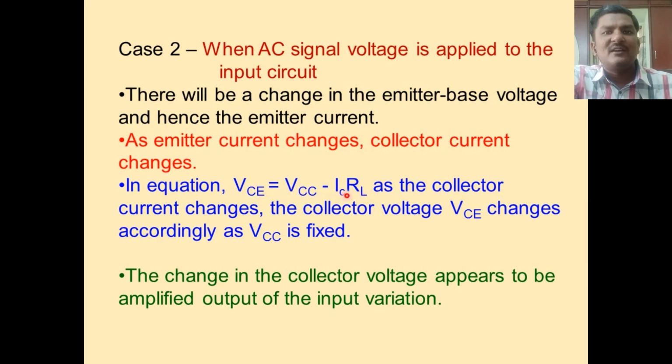So finally, we can conclude that as the collector current changes, the collector voltage also changes because VCC is fixed. This is the fixed value. So with the change of IC, we can observe the change in VCE also.